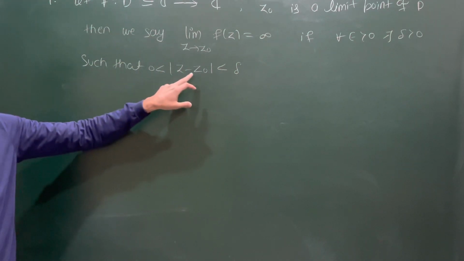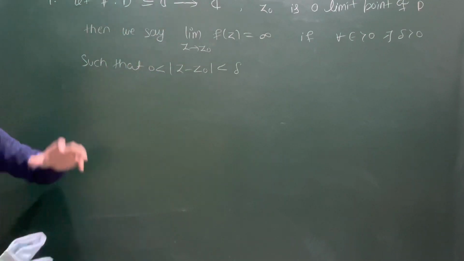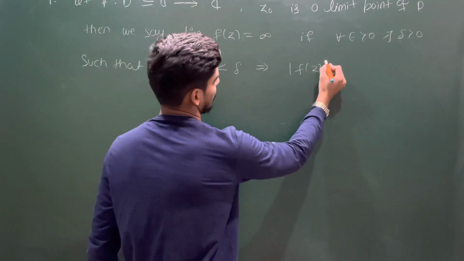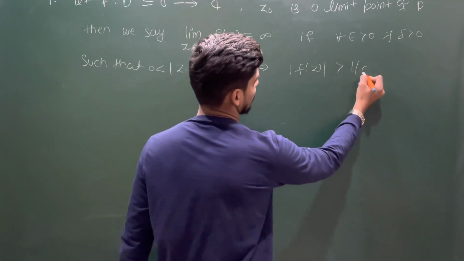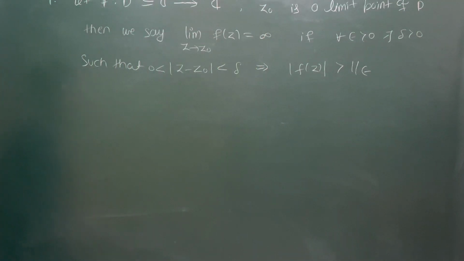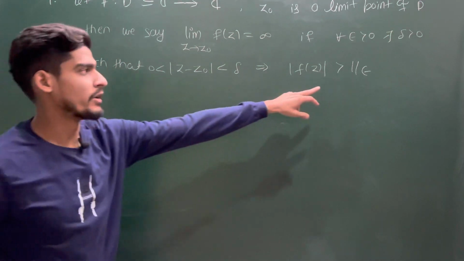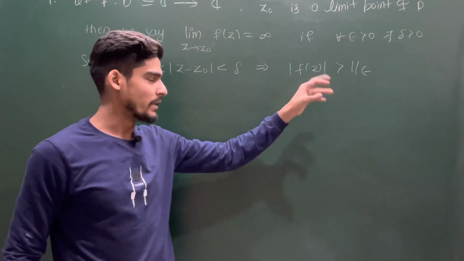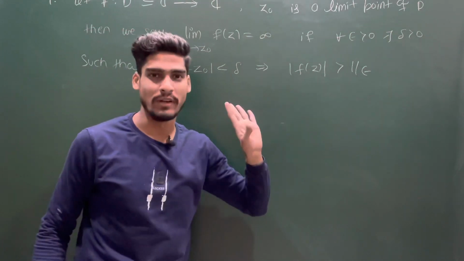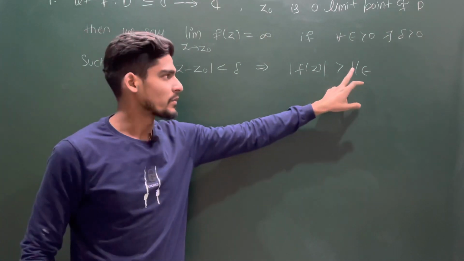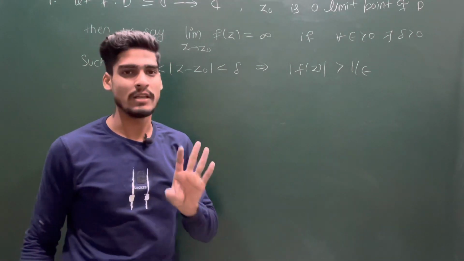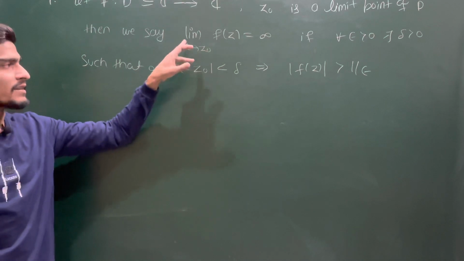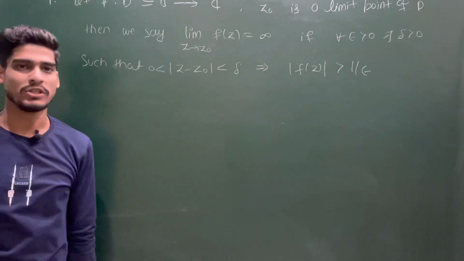That means this z naught may not be a member of D. This implies mod f(z) is bigger than 1 by epsilon. That means however small an epsilon you choose, I can always make mod f(z) bigger than 1 by epsilon, and 1 by epsilon is a very big quantity because epsilon is very small. So this is the meaning that the limit as z approaches z naught, f(z) approaches infinity.